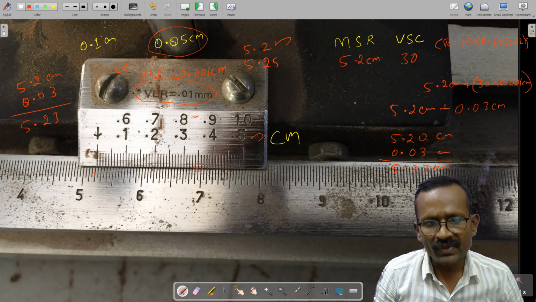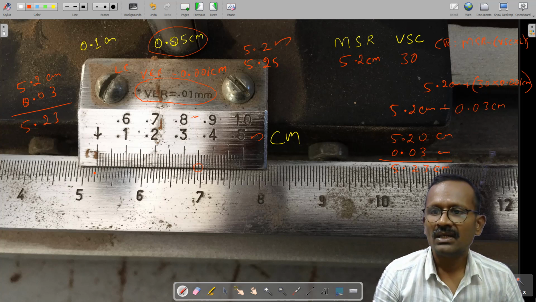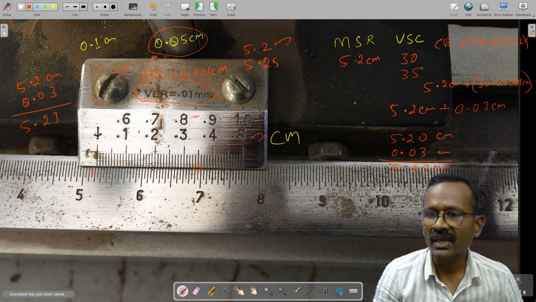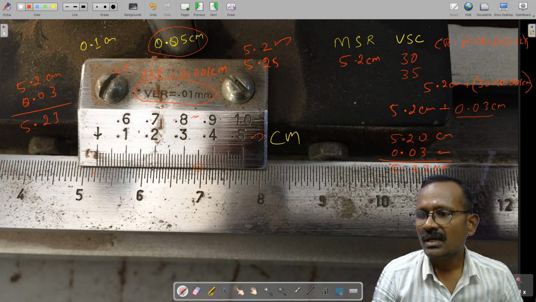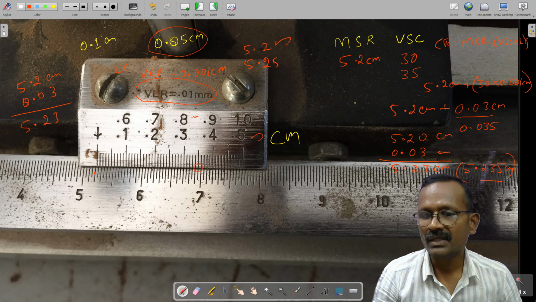Suppose one of the students tells, sir, the division 35 is the coincidence. If you write 35, this will become 0.035. So the reading will be 5.235 centimeter.